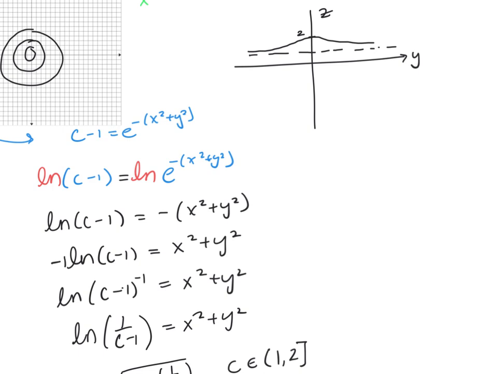So it's just going to be like a mound. Unlike our other shapes that keep going down forever or going up forever, this is going to be a mound that's going to max out at 2, and then it's going to be constrained by this plane where z is equal to 1. So you're going to have this constraint on this mound.